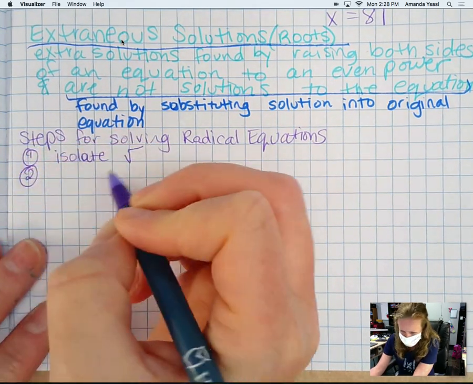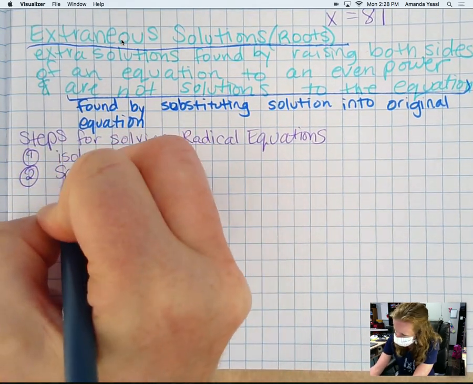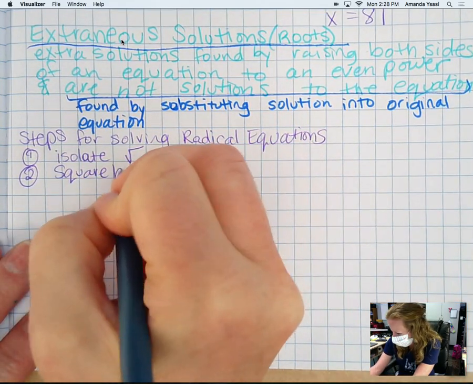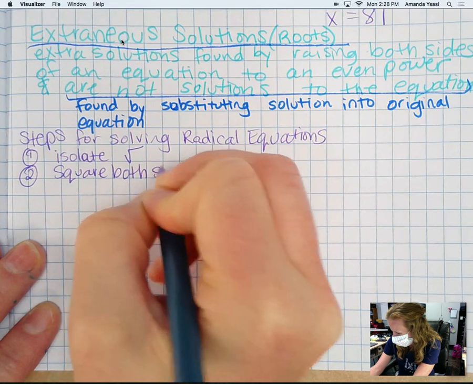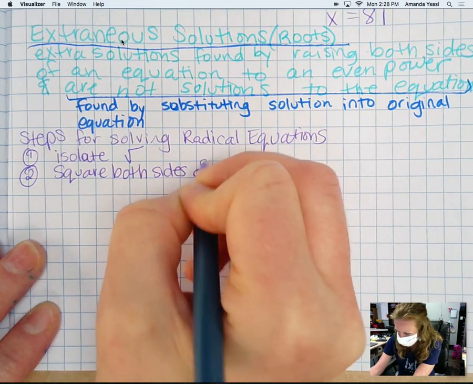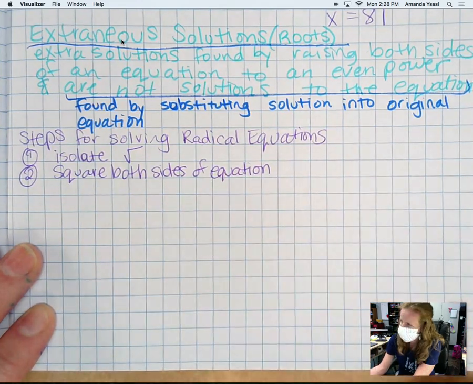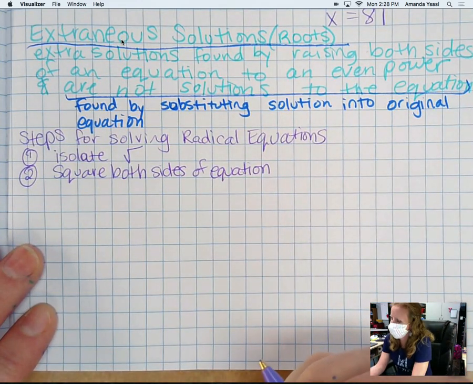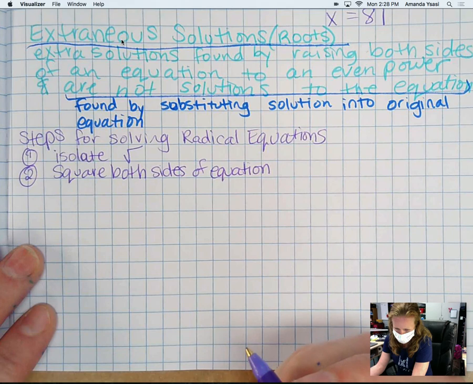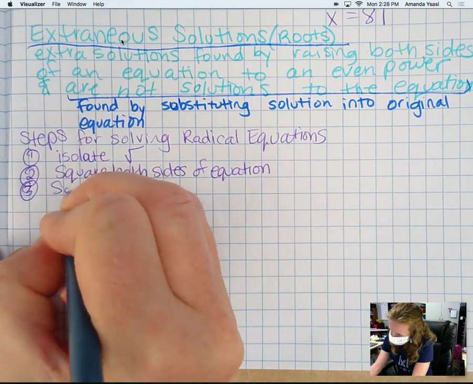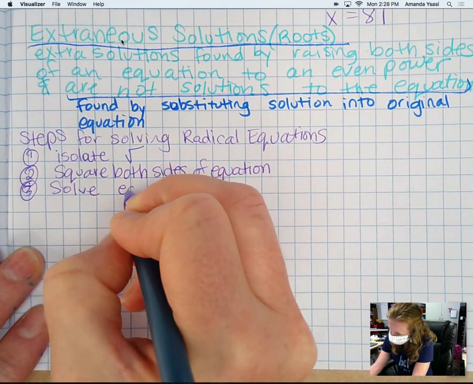Step two will be to square both sides of the equation. Step three will be solve the equation.